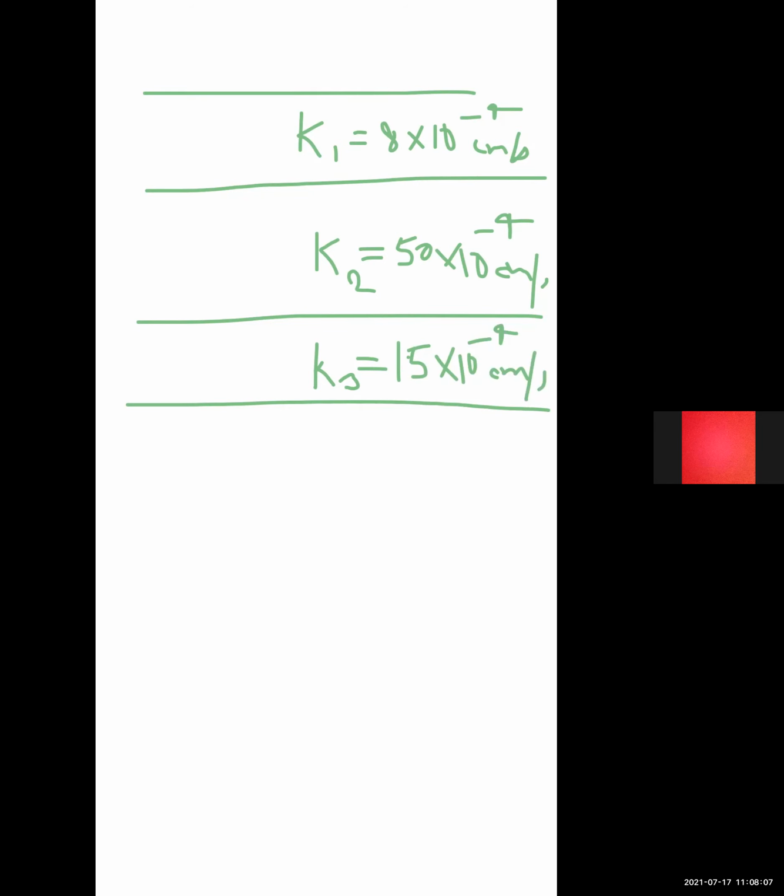And their thickness is also given, that is 6 meter, 3 meter and 2 meter. So H1, H2 and H3. Okay.